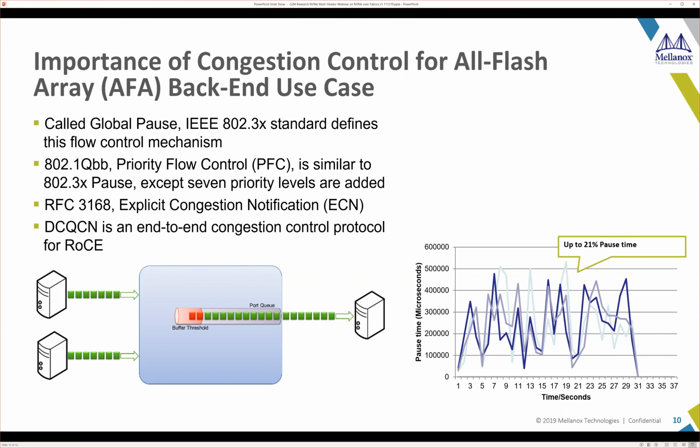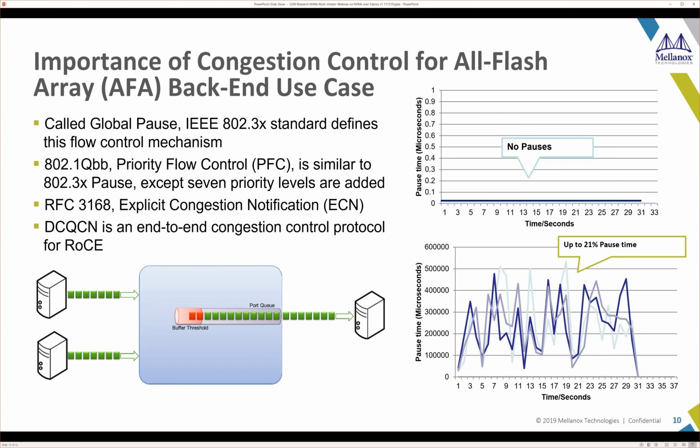And it's important to get this right, and here's an example. Here's an example of ECN which isn't quite right, and you can see that it's working and keeping congestion from dropping packets, but it's also doing a lot of starts and stops, kind of like traffic during rush hour. So it's not very efficient. You're losing bandwidth and latency because it isn't set up correctly.